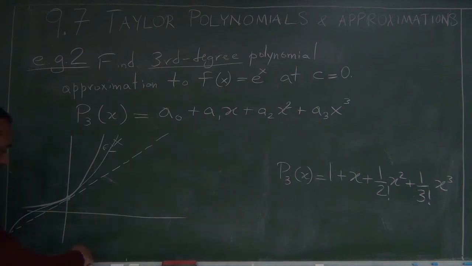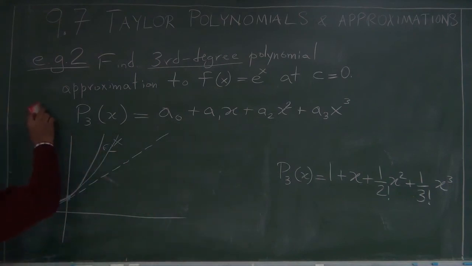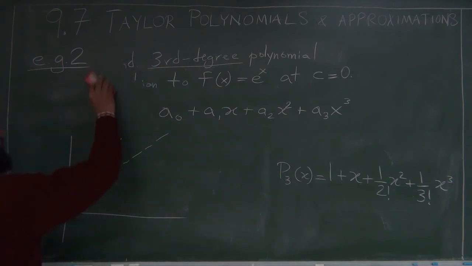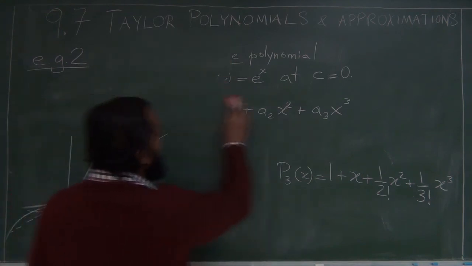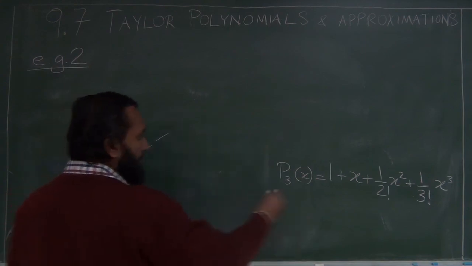The general thing to gather from here is that the more terms you add, the more higher derivatives you insist on being equal to the original function, the better an approximation you get. For this particular example, e to the x, let's write down the general nth degree polynomial. You can kind of guess how it would look.